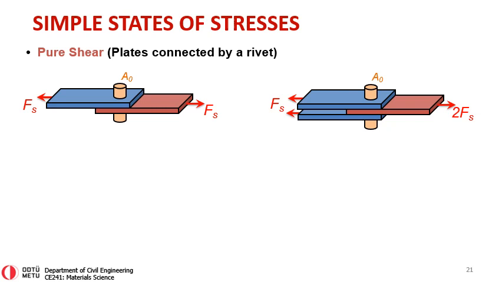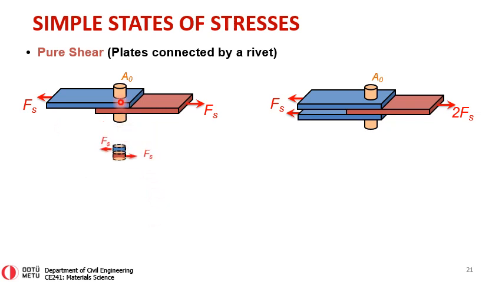Another example is pure shear that is often observed in plates connected by a rivet. Over here you have two plates that are connected by a rivet, and over here you have three plates that are connected by a rivet. In the first one, you are pulling from both ends with a shearing force Fs.